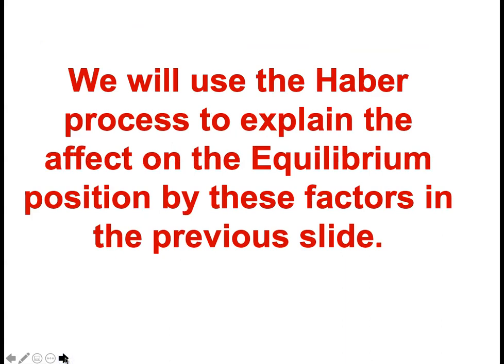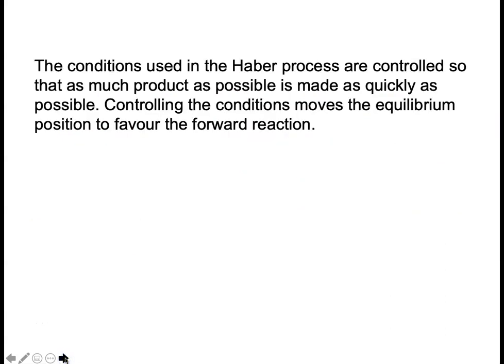Okay, so we will use the Haber process to explain the effect on the equilibrium position by these factors discussed in the previous slide. The conditions used in the Haber process are controlled, and those conditions I gave you: 450 degrees temperature, 200 atmospheres pressure, and an iron catalyst.